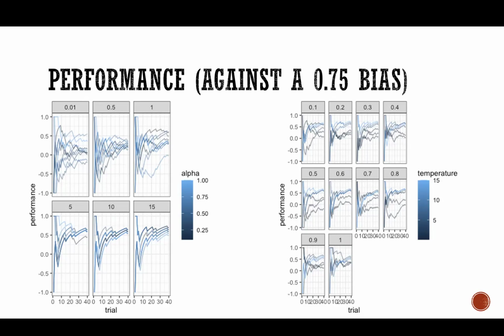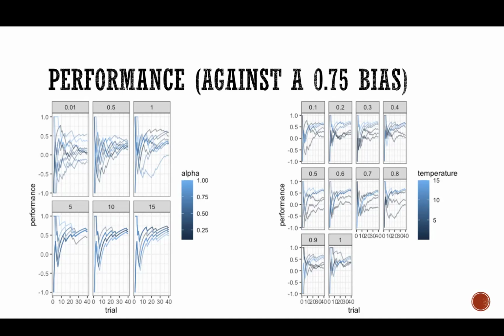Yes, just a question about the plot on the right. In my intuition, if the environment is more volatile, then a higher learning rate would actually be better. But maybe it's not. I couldn't really tell if that was the case. So here we're not manipulating the environment. I think your intuition is right.